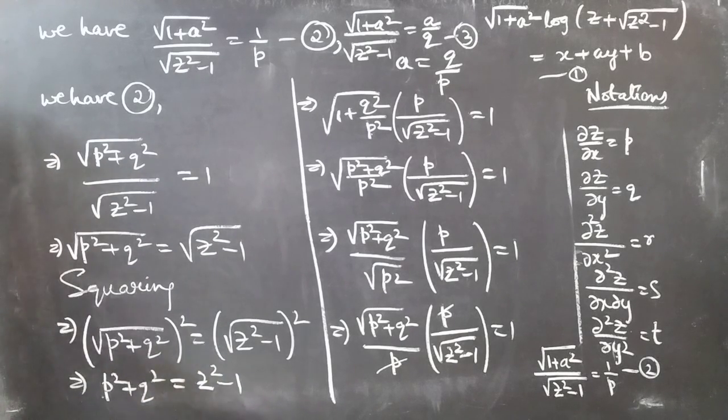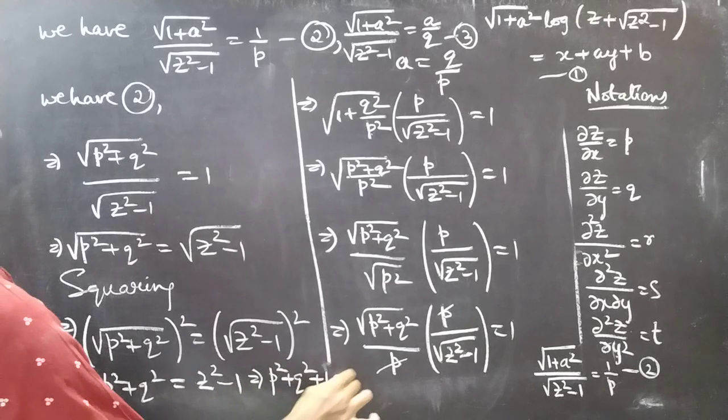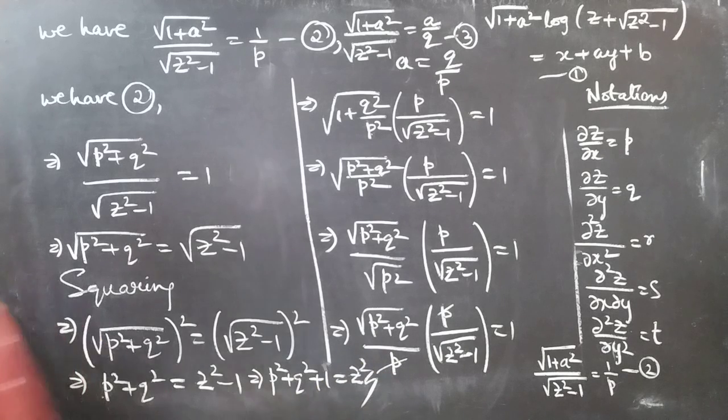Okay, now bring this minus 1 to LHS, you will get p square plus q square plus 1 equal to z square, which is the required partial differential equation. See, it does not involve any arbitrary constants. So this is the required partial differential equation.